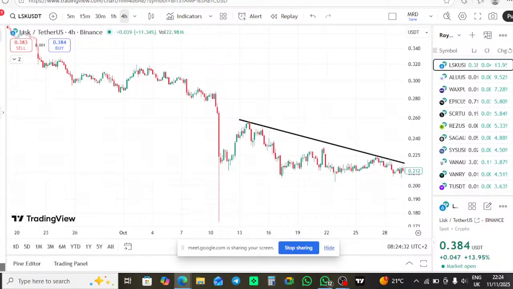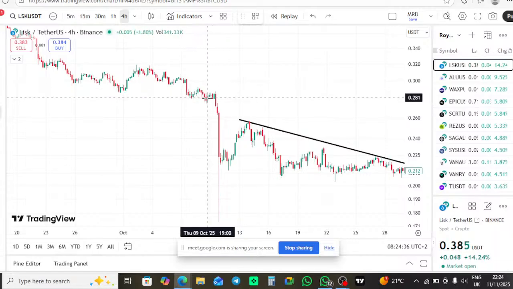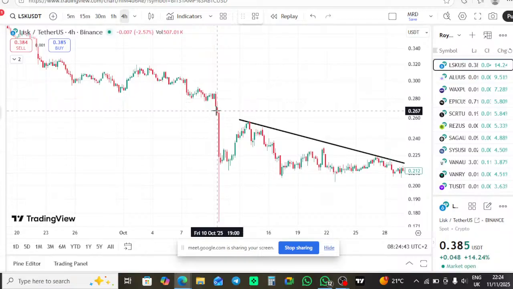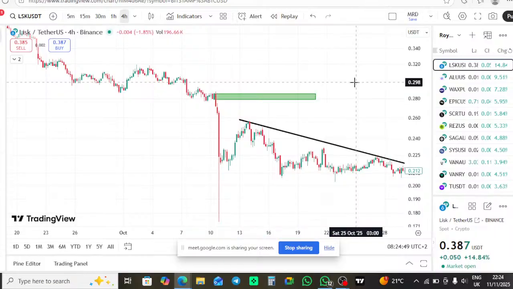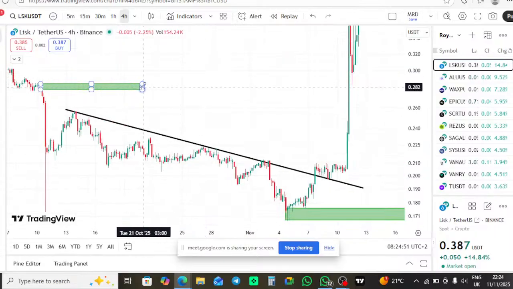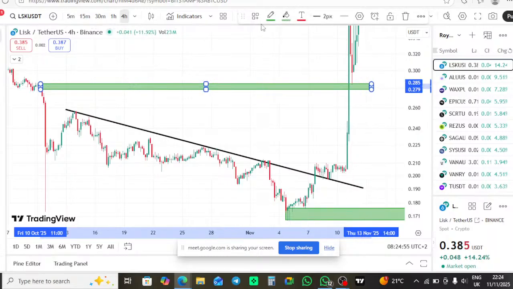The causer is this green candle, this one. Because after that green, we saw the bearish candle and a big one. Therefore, we are going to mark that area as our area of supply level. Like that.